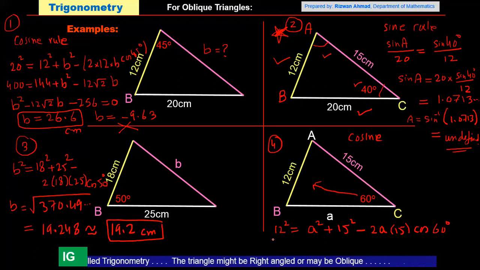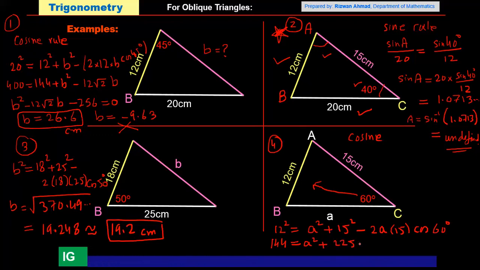So it will be 144 is equal to a square plus 225 minus 15a, since cosine 60 is half. So it is again a quadratic equation, and this one I'm writing here.